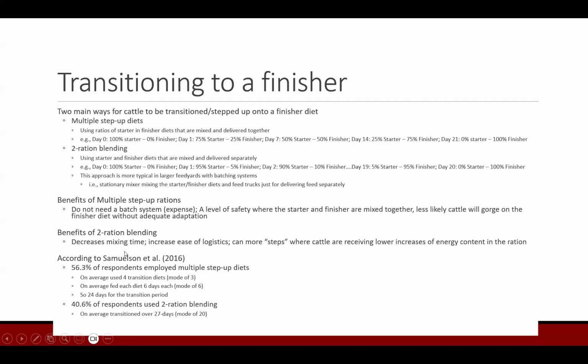Benefits of two-ration blending: it decreases mixing time by a lot. It takes a lot of time to go to the commodity barn with your payloader and load your mixing wagon with ingredients. With a stationary batch mixing system, you can have one person dedicated to loading the batch mixer and making the feed, and another person dedicated to getting filled with the feed and delivering it to the pen.